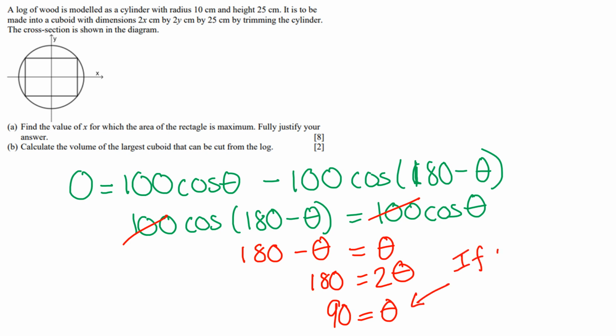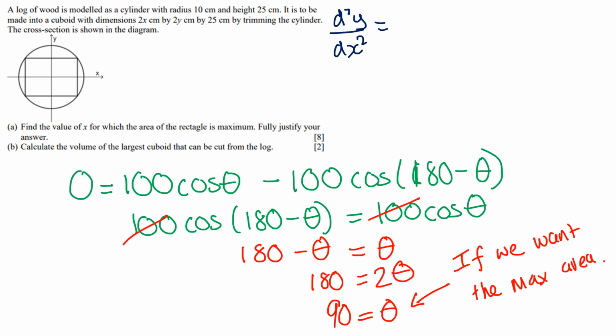If we want the max area, because it says in this question we have to fully justify it, what you'll also have to do is show that that's a maximum and not a minimum. So to do that, you should really work out the second derivative.